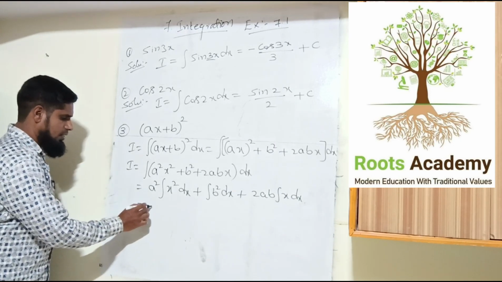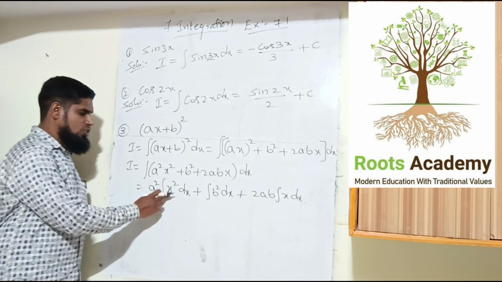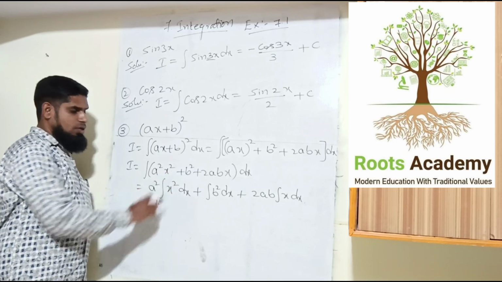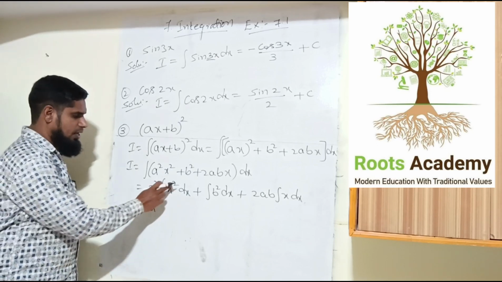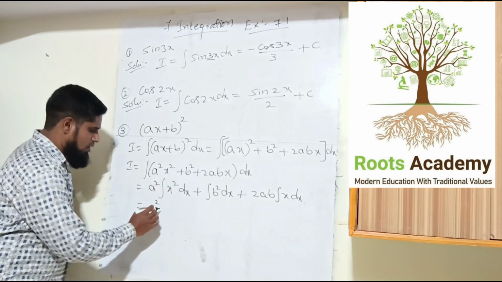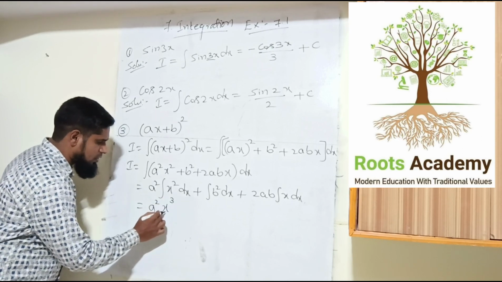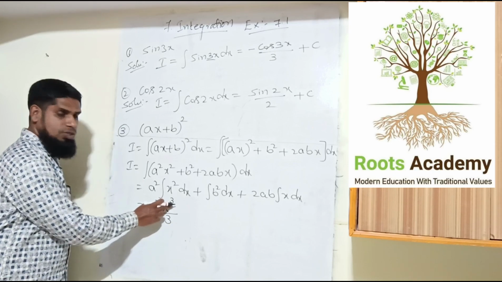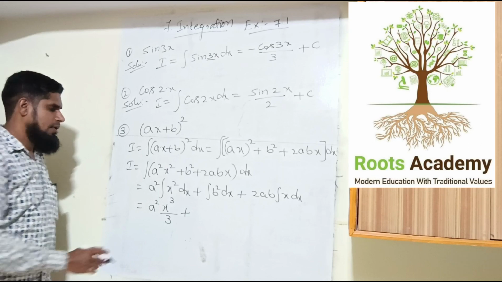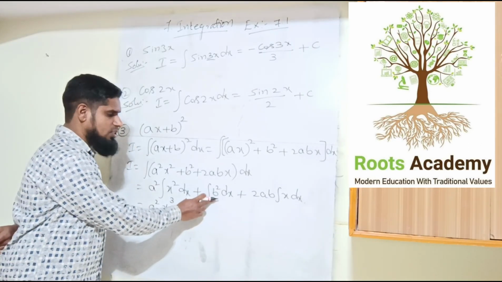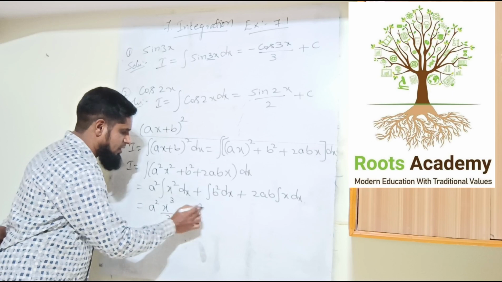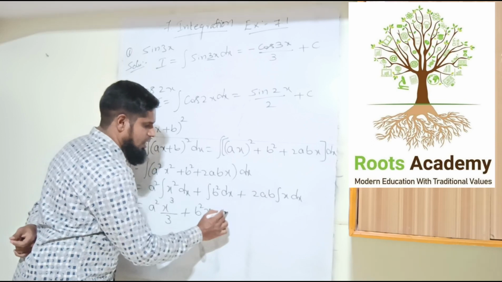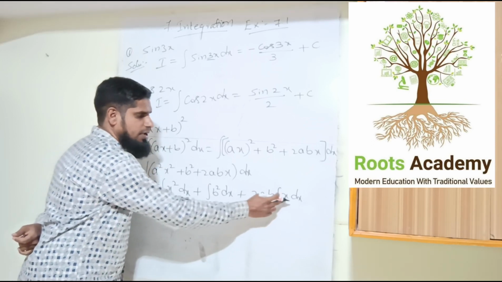Now let us integrate this. A square as it is, integration of x square, we will take it in terms of x power n. So integration of x power n is x power n plus 1 divided by n plus 1. According to that, this will become x power 2 plus 1 divided by 2 plus 1, that is x cube by 3, plus integration of any constant is constant into variable, and your variable is x, so b square x, plus 2ab as it is because we have taken it out of the integral.